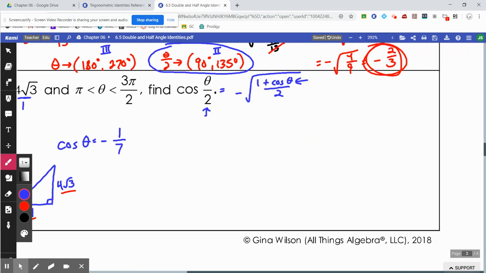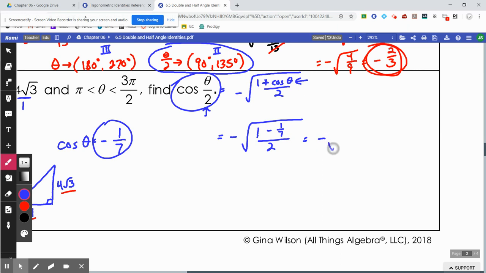Now we're ready to clean up our formula. The cosine of theta over 2 will equal the negative square root of 1 plus the cosine. Here's the cosine. That's 1 plus negative 1/7, which would be 1 minus 1/7, over 2. Clean it up, common denominator on top. That's going to be 7 over 7 minus 1 over 7, which is 6 over 7, over 2.